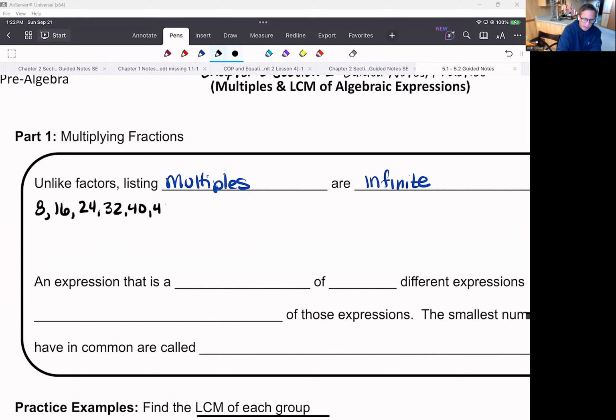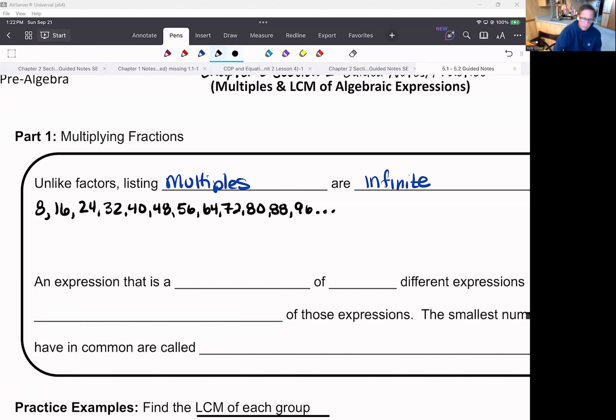We can just keep going. 8 times 6, 8 times 7, 8 times 8, times 9, times 10, times 11, times 12, right? But there's an ellipsis at the end because that means infinity. It keeps going and going. So multiples go on forever.